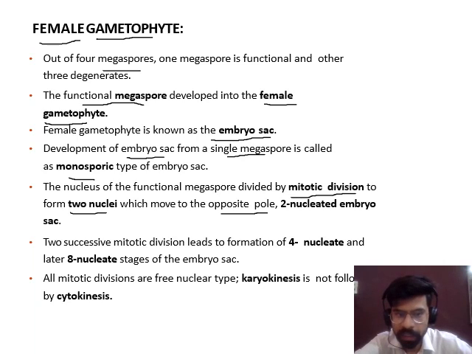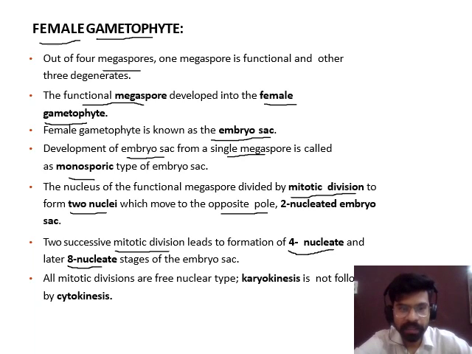Now again a mitotic division takes place, and the four-nucleate stage forms. Means if a single cell divides through mitotic division, it leads to two nuclei, then again division takes place, 2 divides into 4, and if again a division takes place, 4 leads to the formation of 8.